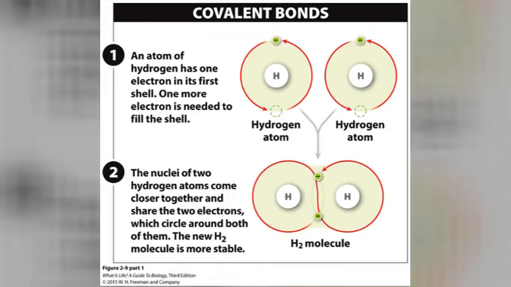It's almost like they're moving in a figure 8. So the new H2 molecule is very stable because now both atoms have 2 electrons in their outermost shell, and therefore they're no longer likely to bond with any other atoms. The sharing of two electrons between two atoms forms what we call a single covalent bond.